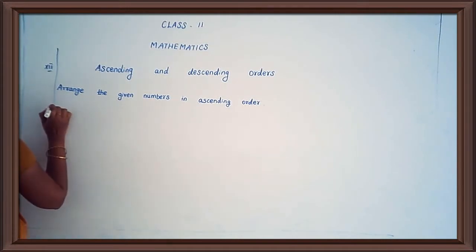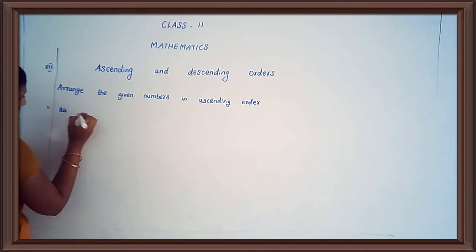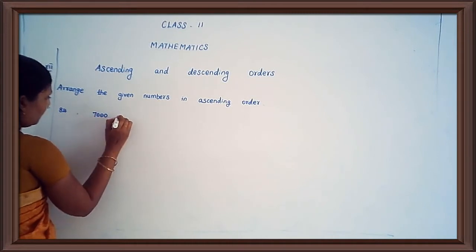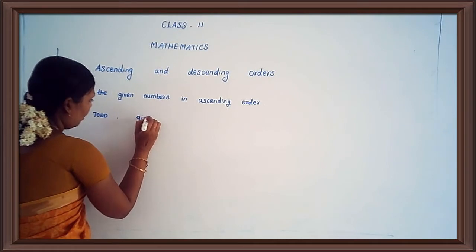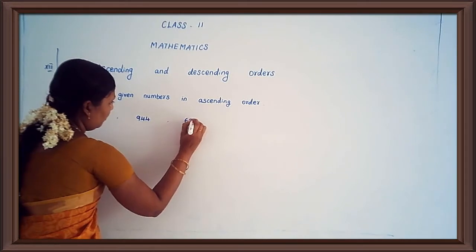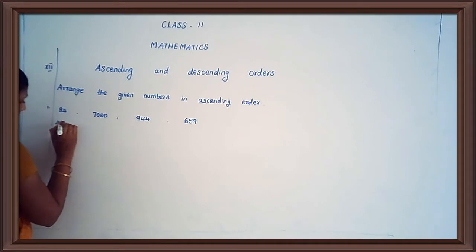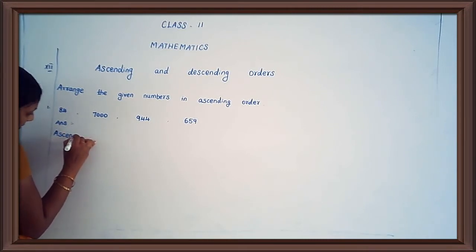Okay, see the first one. 84, 7,944 and 659. Now we want to write the answer.